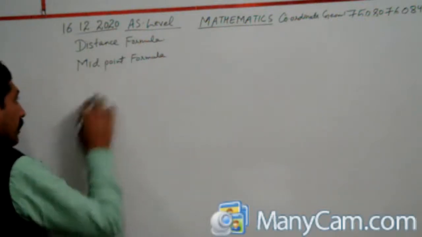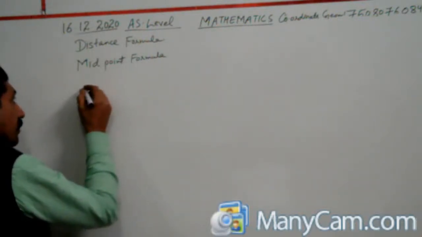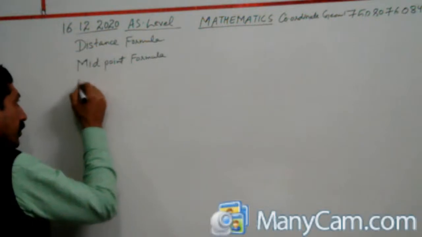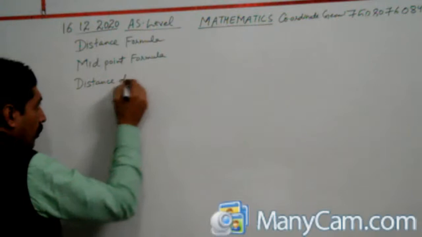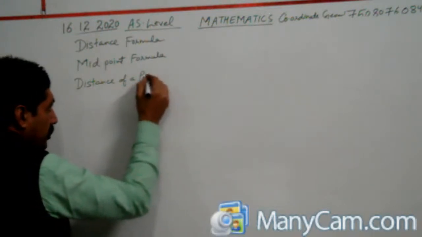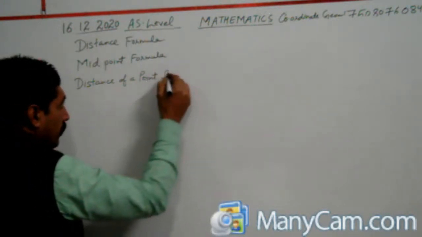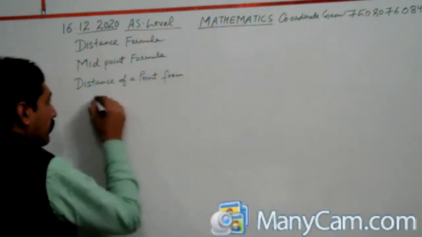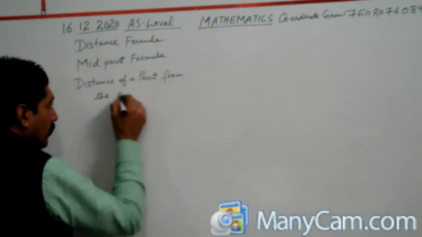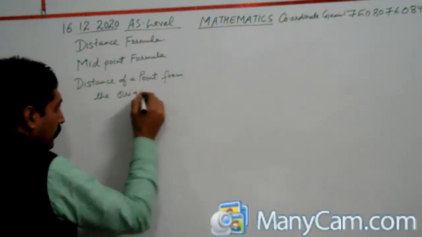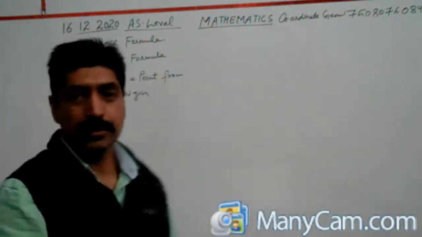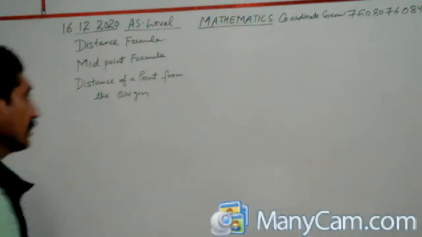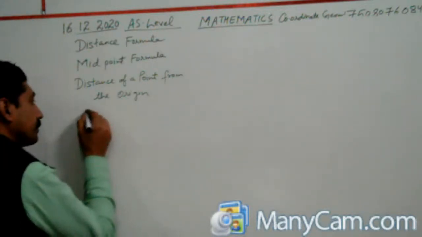Then we have discussed the distance of a point from the origin. And today we will discuss the section formula.